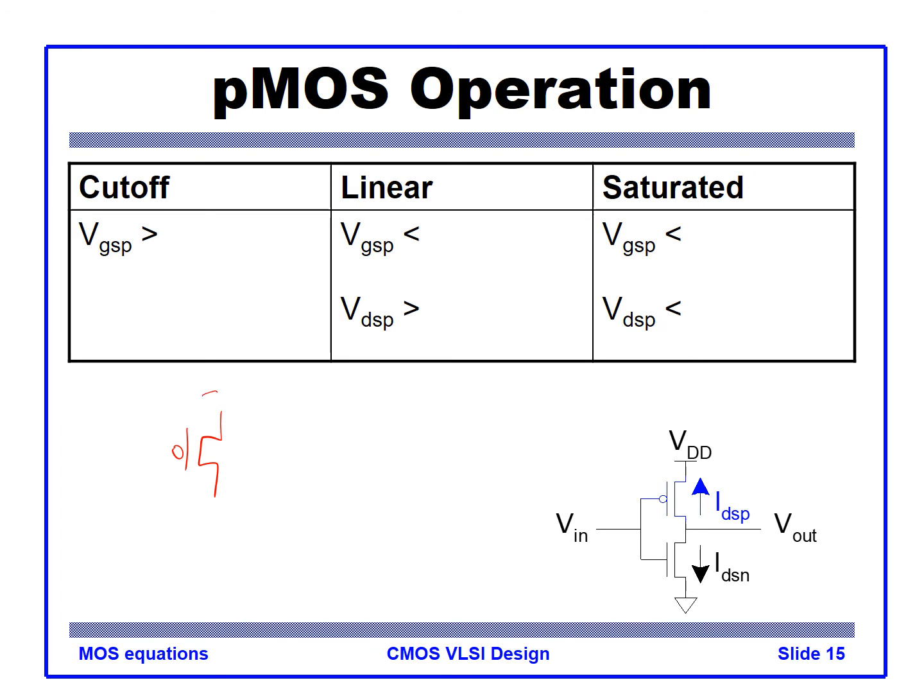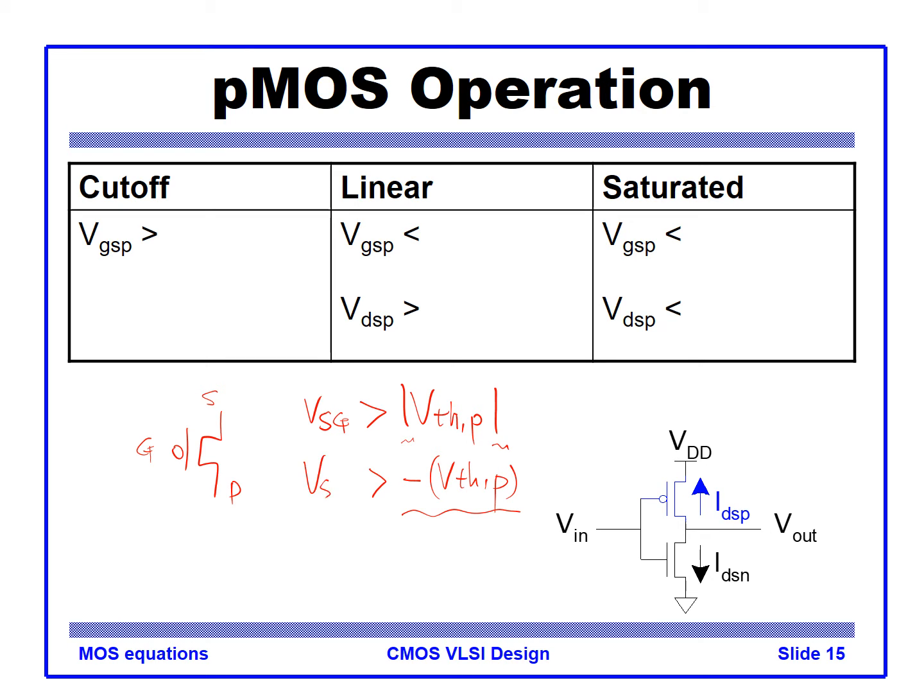We know that with source, gate, and drain, to turn on we must apply VSG greater than the absolute value of the PMOS threshold voltage. Because the threshold voltage is defined as negative, taking the absolute value gives minus VTHP, which becomes a positive number.